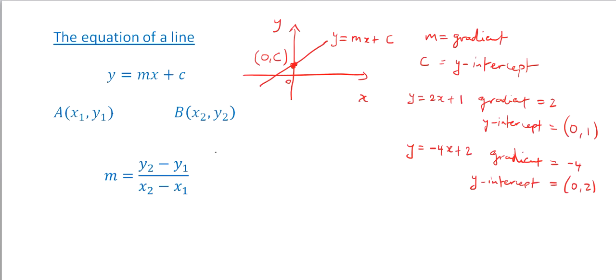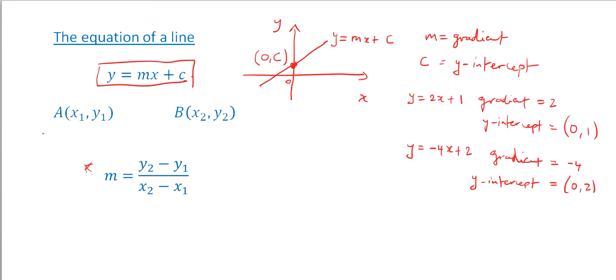Okay, so given any two coordinates of points on a straight line, we can find the equation of that straight line by first finding the gradient, which we already know how to find, which is y2 minus y1 over x2 minus x1, and then we have to get the equation in this form.